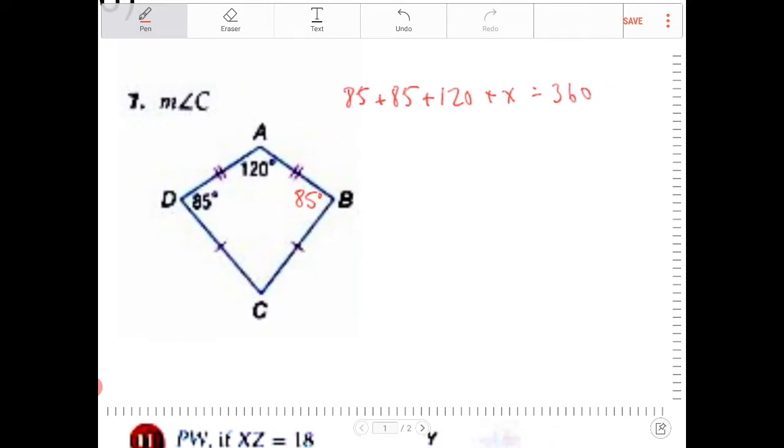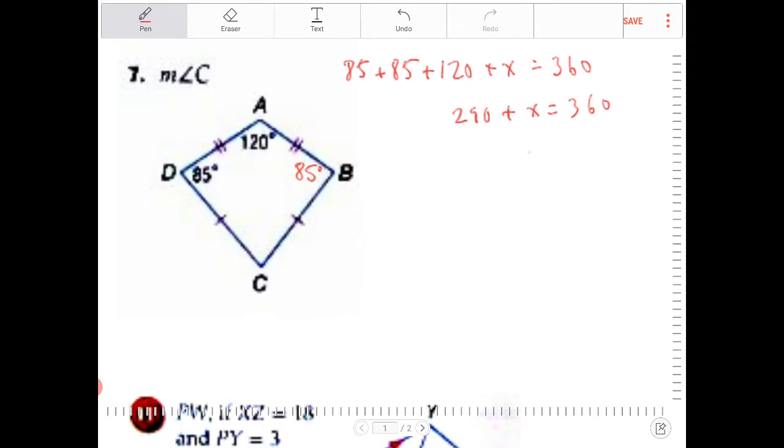So 85 plus 85, that is 170. 170 plus 120, that's 290. If I subtract both sides by 290, I end up with x is equal to 70. So angle C is equal to 70.